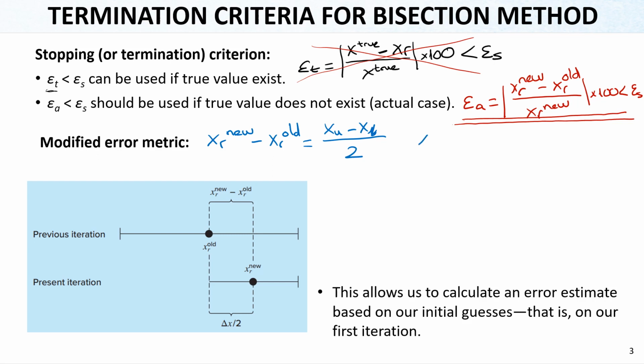The reason for this is that we know XR new is just the midpoint, so we can find it as XL, the lower bound, plus XU divided by 2. By using this, we can simply find a new error metric.